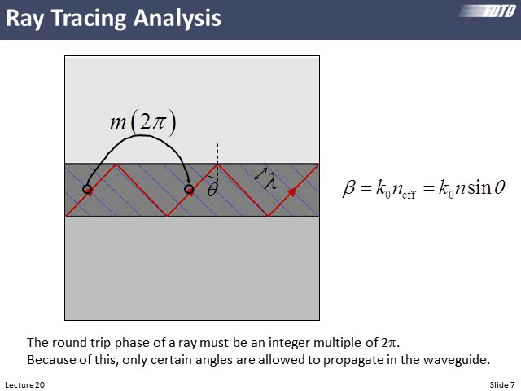It's not a supported guided mode. So based on this, we can, just from a ray tracing perspective, understand there's really only discrete directions that will satisfy this. And in fact, guided modes are discrete. There's no continuum of supported guided modes. They're very discrete. And we need to calculate those, and we'll have first order, second order, third order modes.